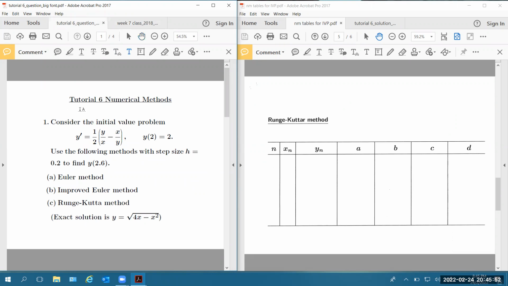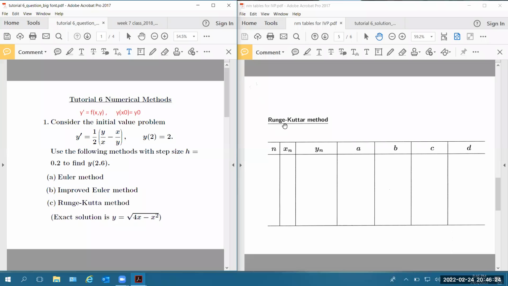So y prime is equal to function of x, y, right? And then we have y at x0 is equal to y0. Okay, this is our initial condition. So this will match the problem that we are solving in this question.